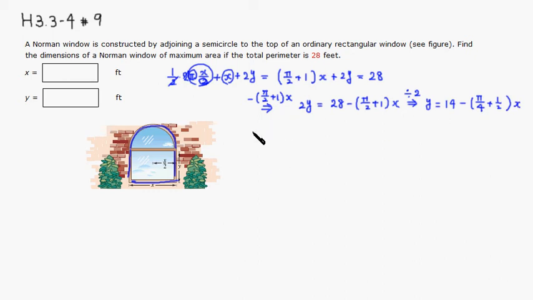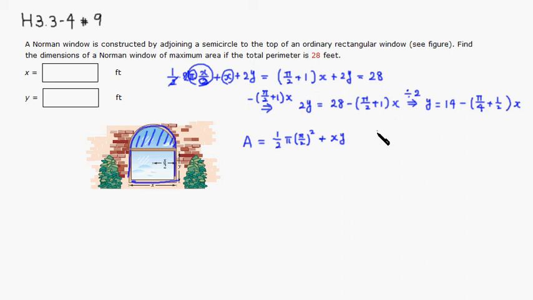Then the area of this window, area A, is going to be, the top part is 1/2 of pi r squared, so pi times x over 2 squared. That will cover this semicircle part. And then you have a rectangle, x by y, so it's xy.